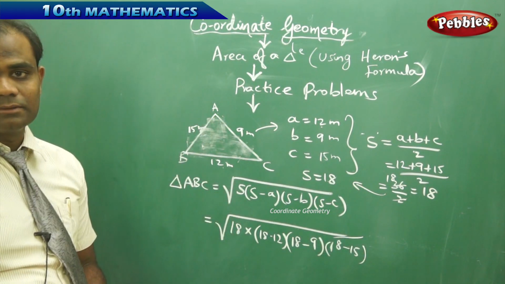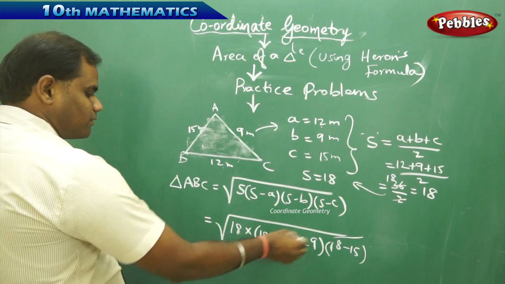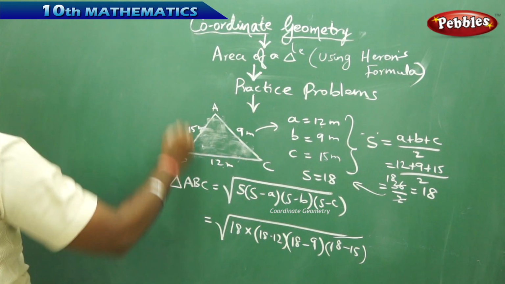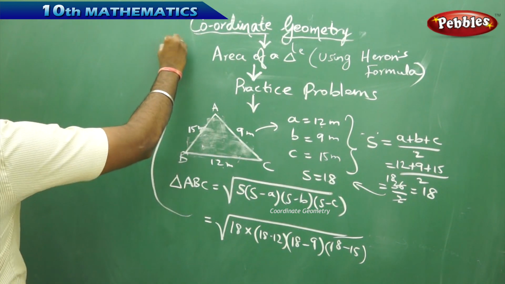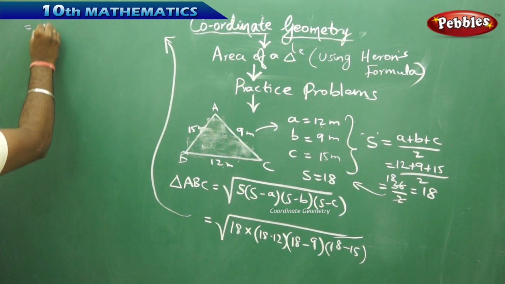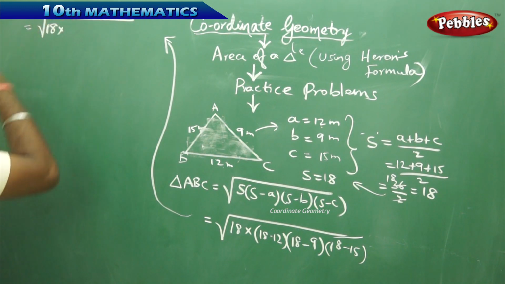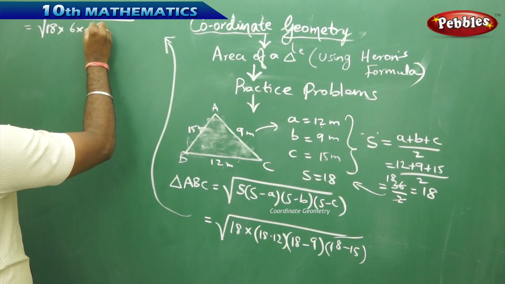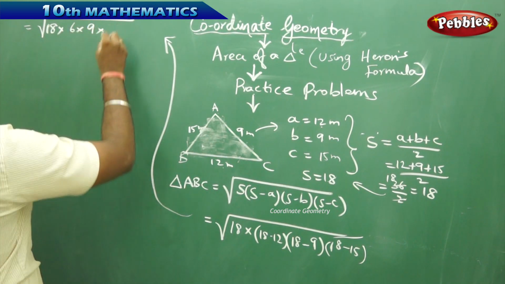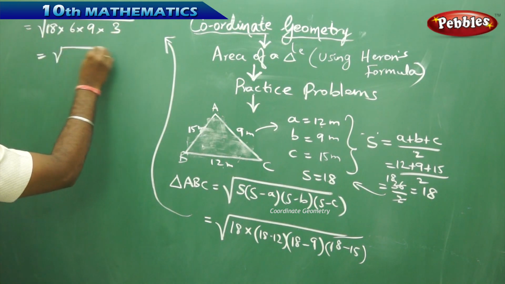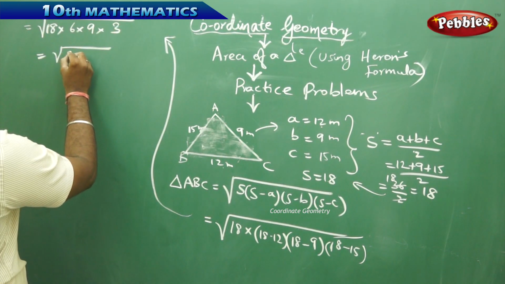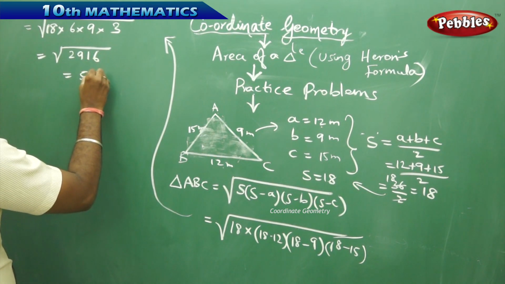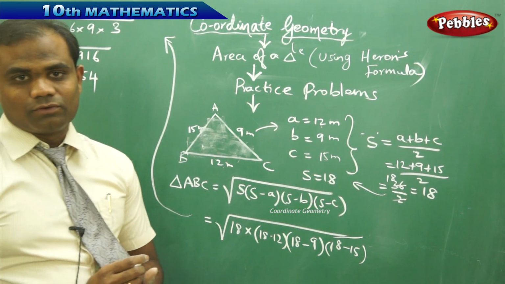On continued simplification, by subtraction and multiplying each of the terms, I get root of 18 times 18 minus 12, which is 6, times 18 minus 9, which is 9, and 18 minus 15, which is 3. On multiplication this gives 2916, which is exactly the square root of 54.